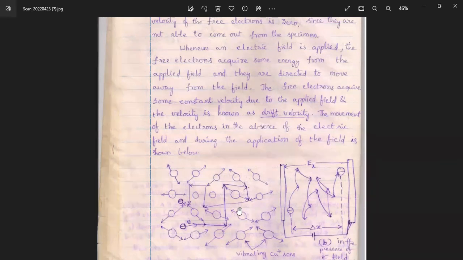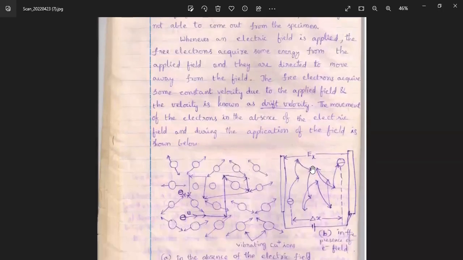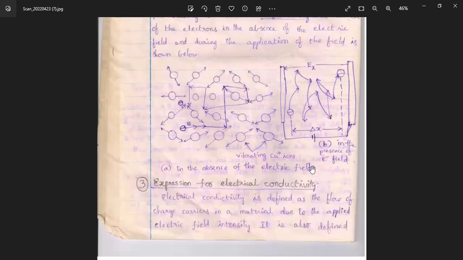Under the electric field influence, electrons are forced to move in one particular direction. So they acquire a velocity that is called drift velocity. The movement of the electrons in the absence of electric field and during the application of the field is shown below. This is classical free electron theory.